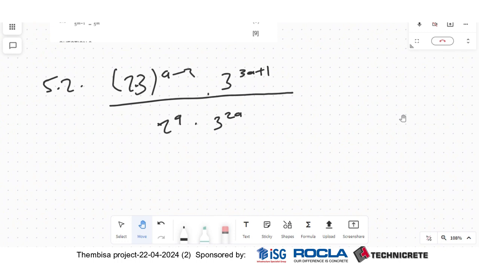And now we're going to expand these multiplications that we have over here. So we're going to have 2 times 3, we're going to have 2 to the power of a minus 2, times 3 to the power of a minus 2, times 3 to the power of 3a plus 1.